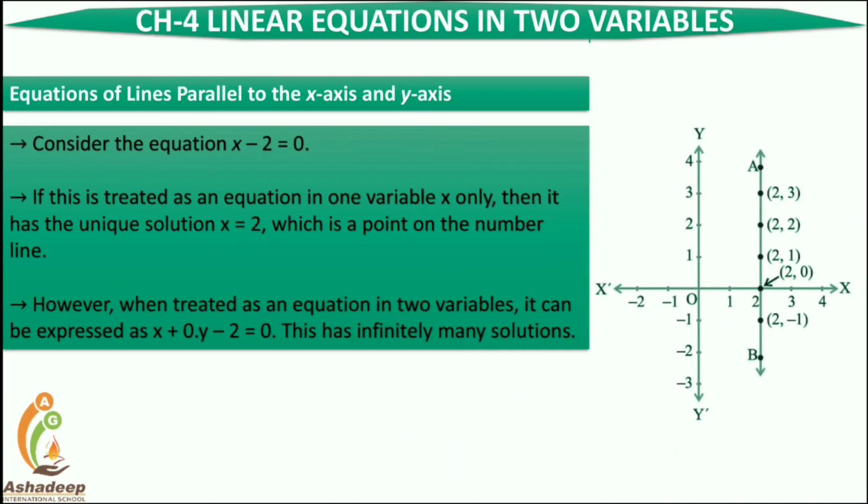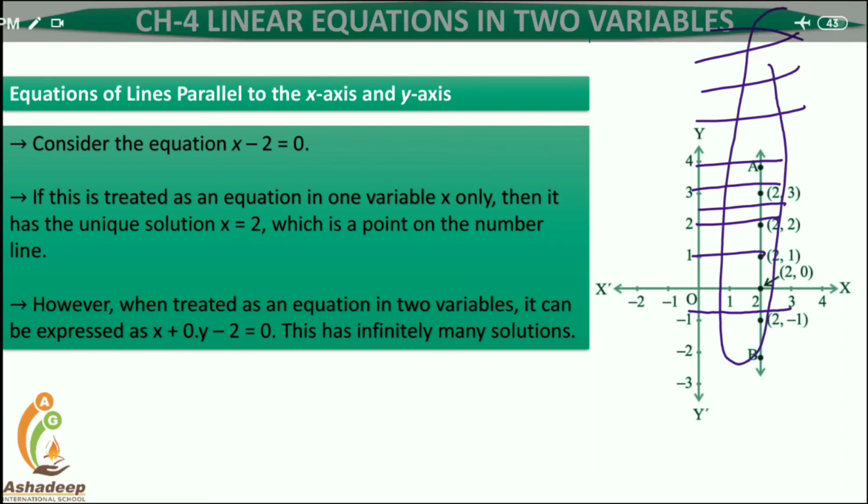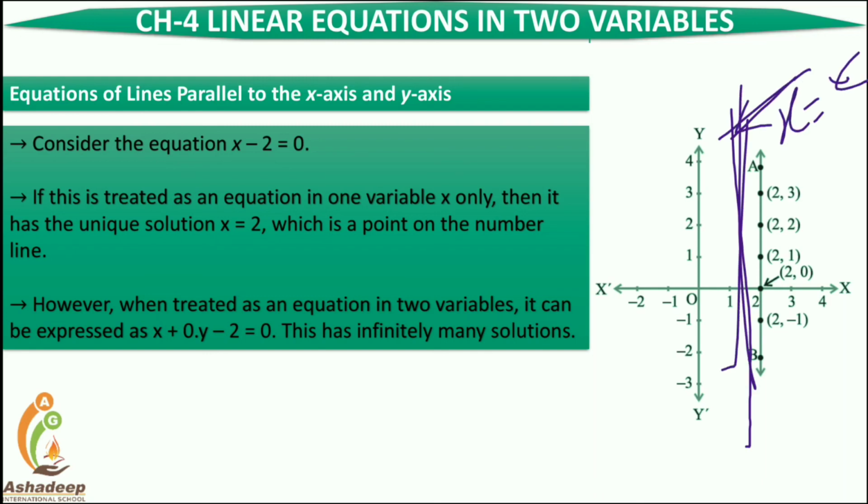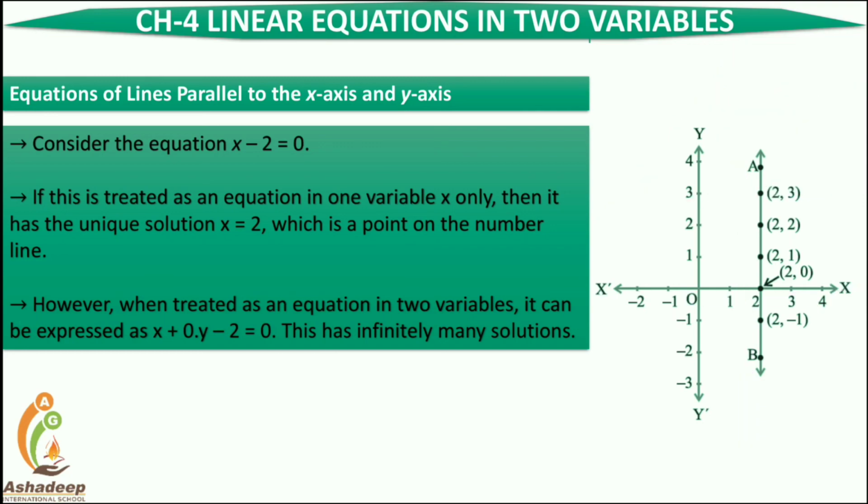Okay, now see here, if the x is equals to constant, the graph is always parallel to the y-axis, because here it is minus 2, 1; 2, 1; 2, 0; 2, 3; 2, 2; 2, 4; 2, 5; 2, 6; 2, 7. So the value of x is constant over here. So if the x is equals to constant, it is always parallel to the y-axis, and if it is y is equals to constant, it is always parallel to the x-axis.